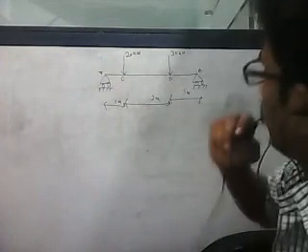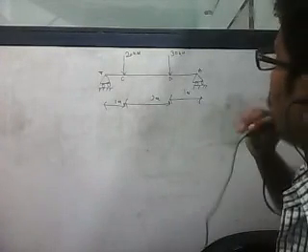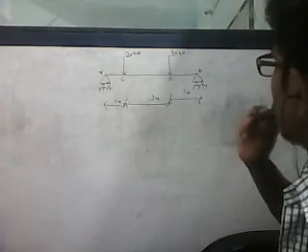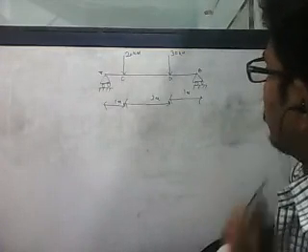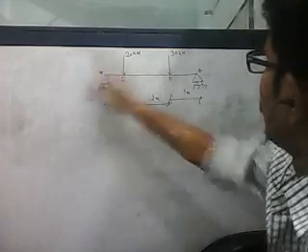Now you have to calculate the reactions at both the ends, which means you have to find RA and RB.